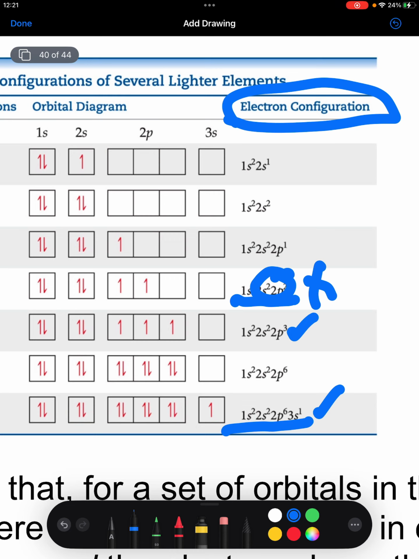I want you to know that when people say you need to know this because it'll tell you how to understand the periodic table, these electrons come together in space to assume a stable configuration that accommodates all these electrons.